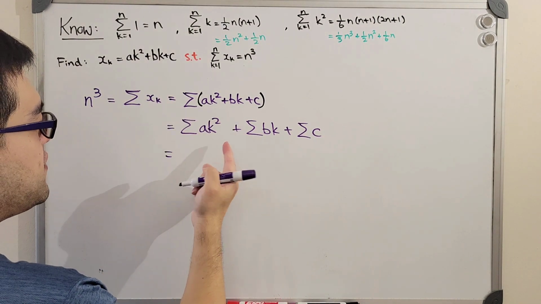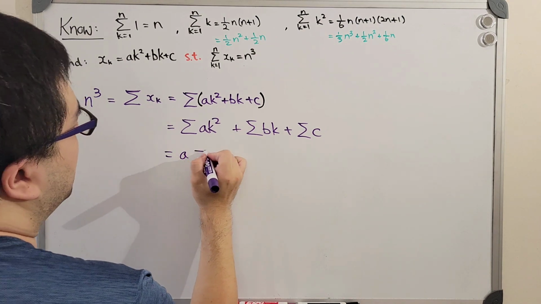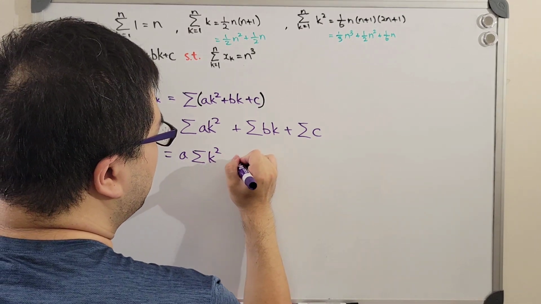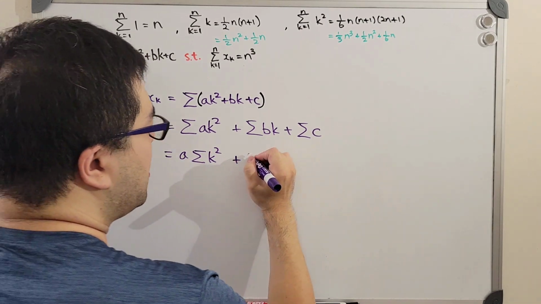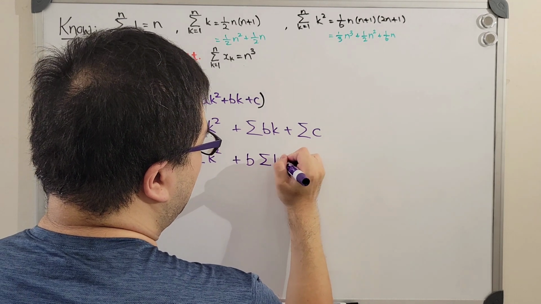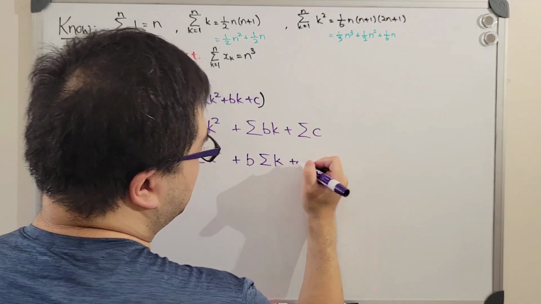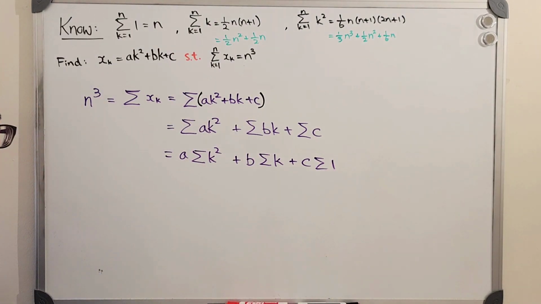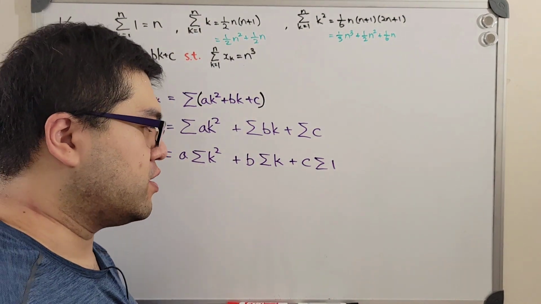And then we can just factor out the coefficients so that we get a times the sum of the first n square terms plus b times the sum of the first n natural numbers plus c times the sum of the first n terms of 1.